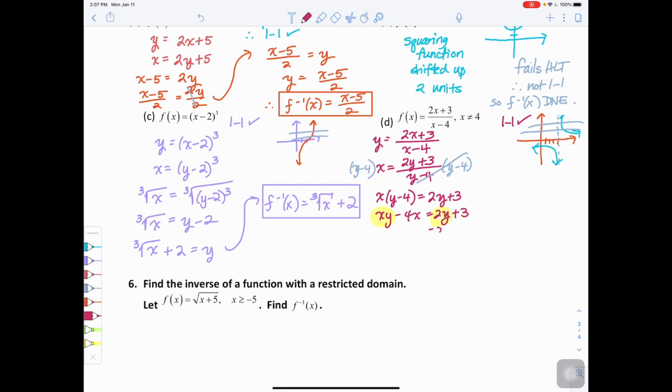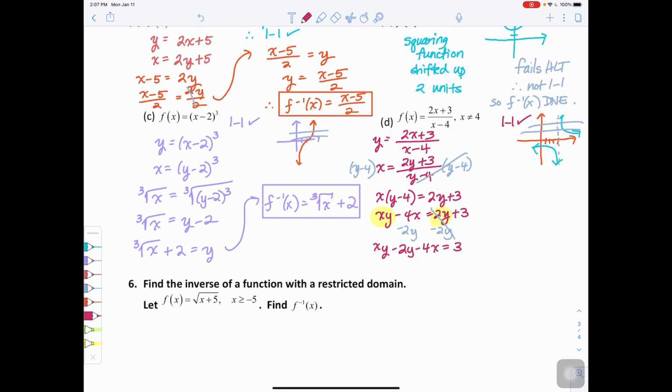So I'm going to subtract 2y and add 4x to both sides. So I can do that one at a time. Let me subtract 2y from both sides first. Going a little bit too fast there. So we have xy minus 2y minus 4x equals 3.